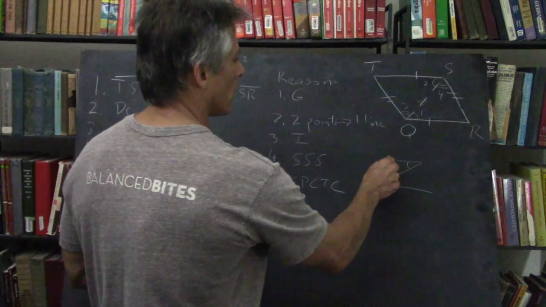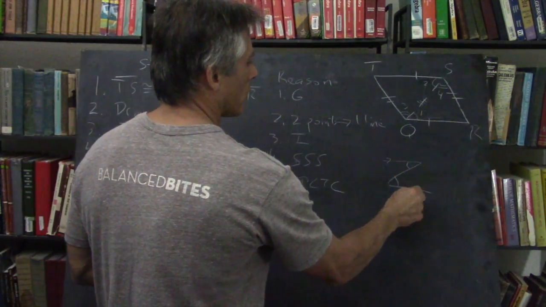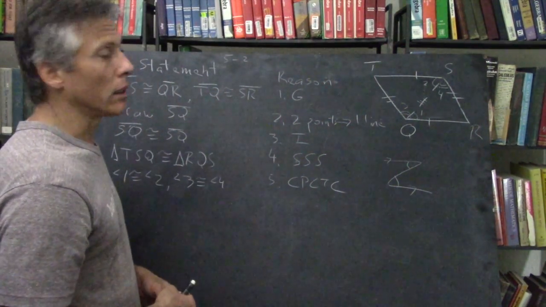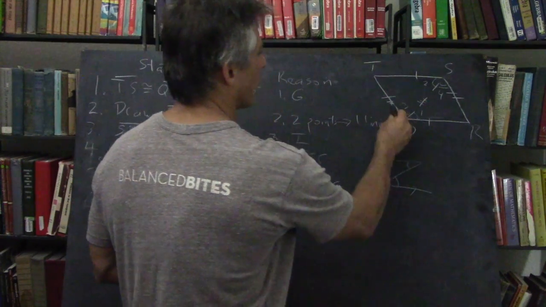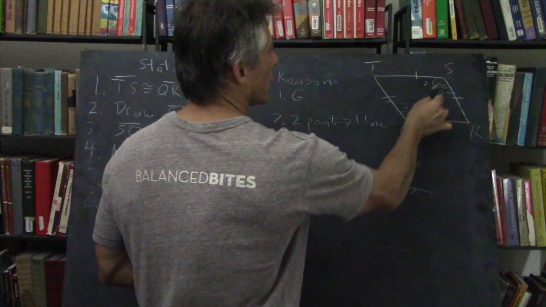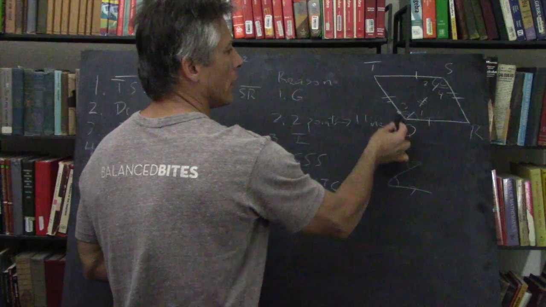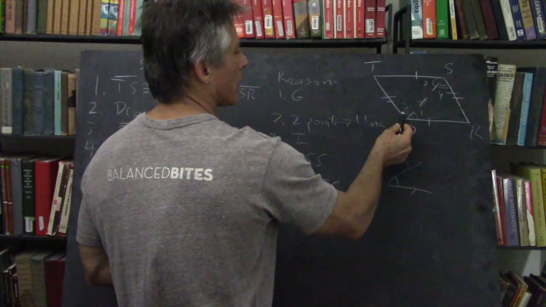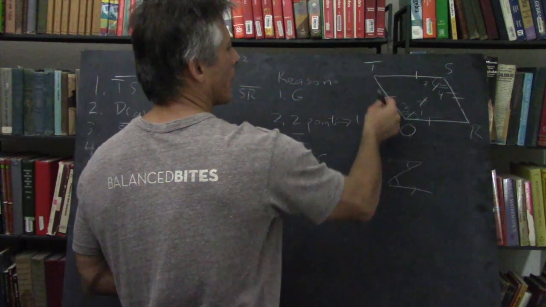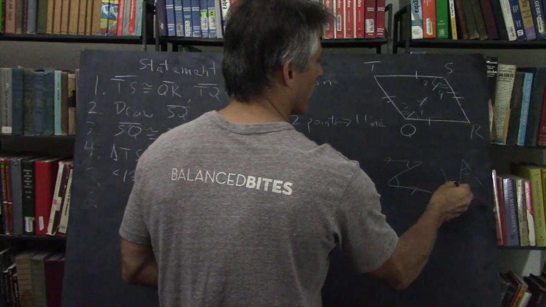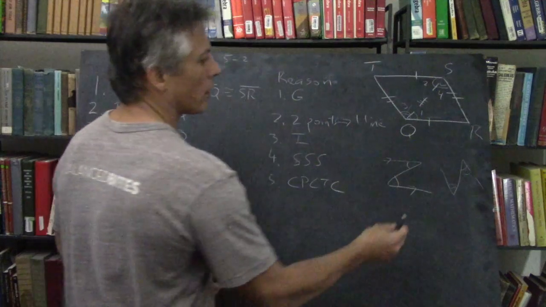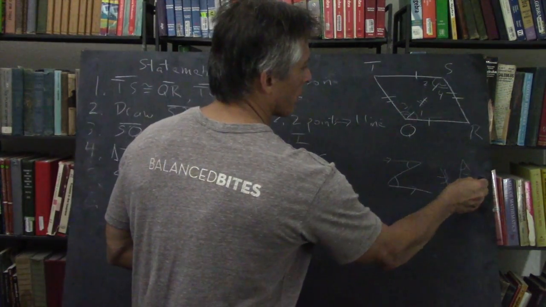And therefore, these lines are parallel. And over here, with 3 and 4, 4 is here, 3 is here. They have that in common. So if we look at that, we're making a Z with that angle and that, so that these are parallel.